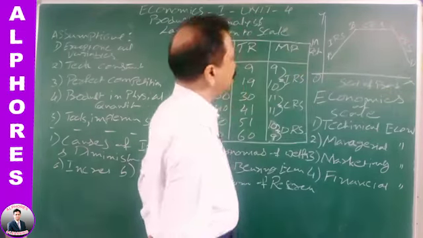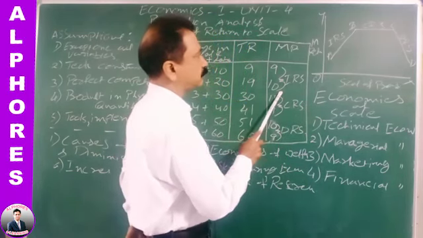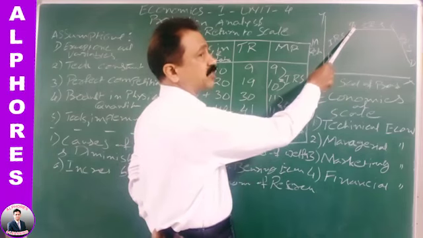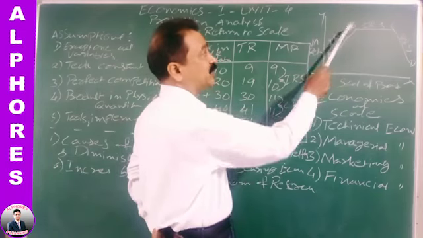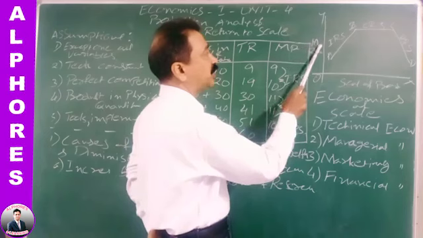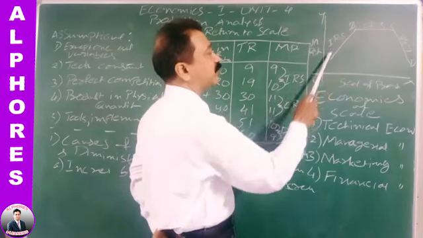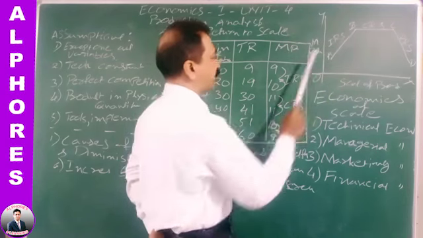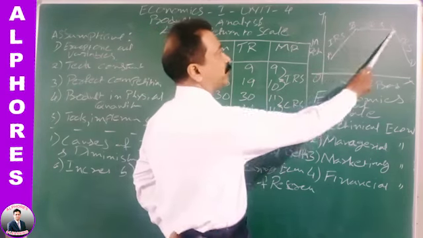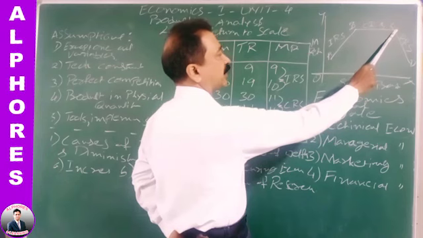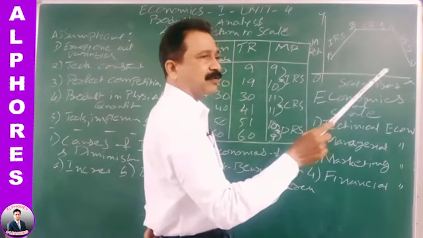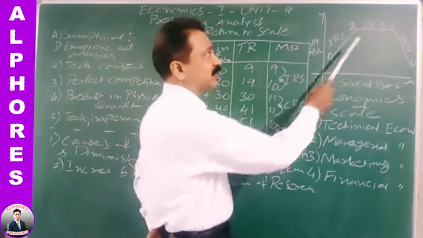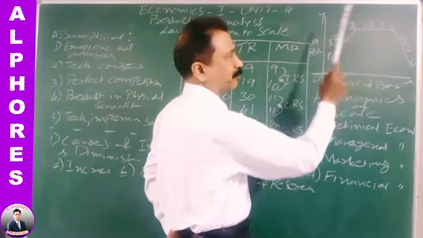In the first stage, A to B, the returns have increased. The marginal returns increased. That we call increasing returns to scale. Next, marginal returns become constant. B to C, it is constant returns to scale. For any business, however big it is, if you change the combinations like this, the results are going to be the same.